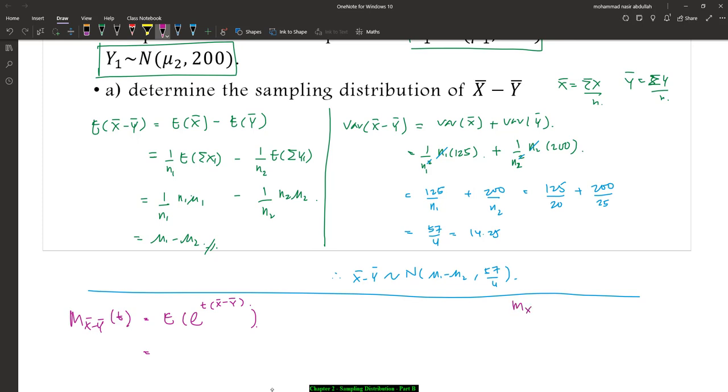MGF for x is equal to exponential of mu t plus 1 over 2 t squared sigma squared. My t should be the same. So it came from a normal distribution.